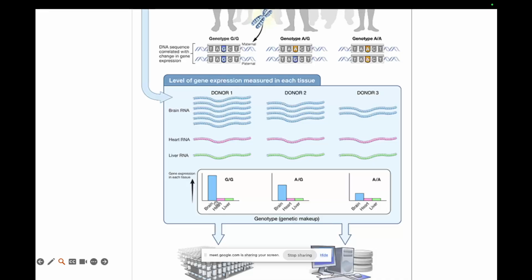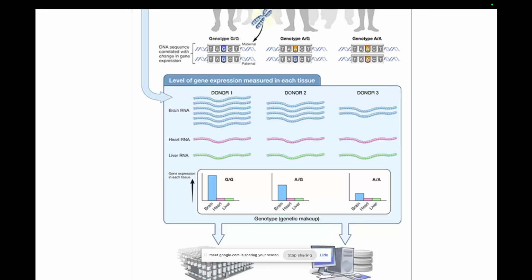In the GG case, the expression in the brain is very high. In the AG case it is slightly lower, and in the AA case it is much lower. So the presence of the A genotype, or the A variant, at this particular location actually changes gene expression in brain tissue, right? But in heart and liver it is almost the same.